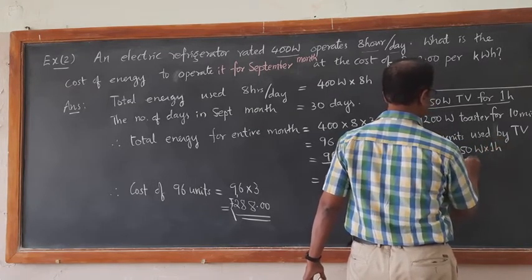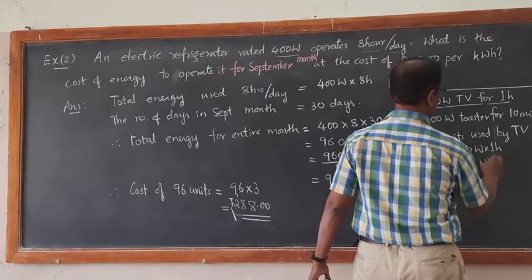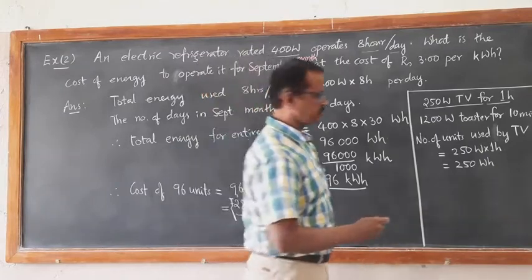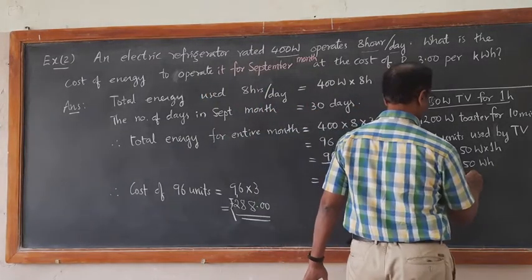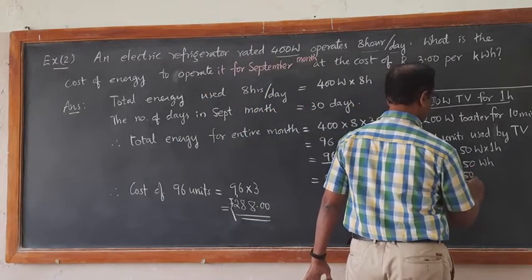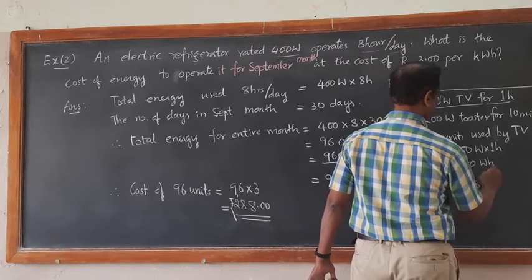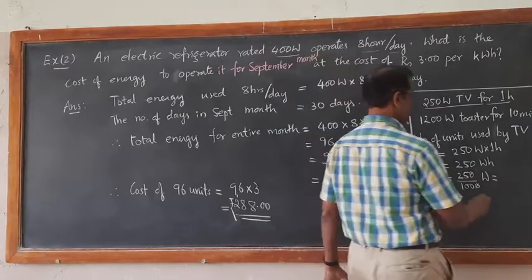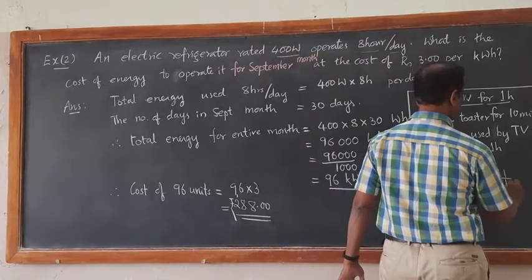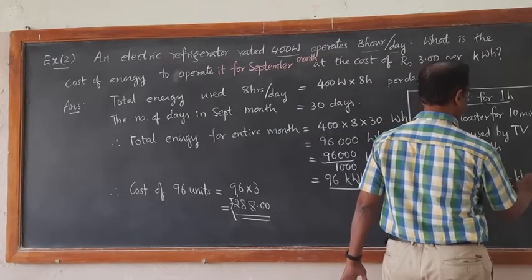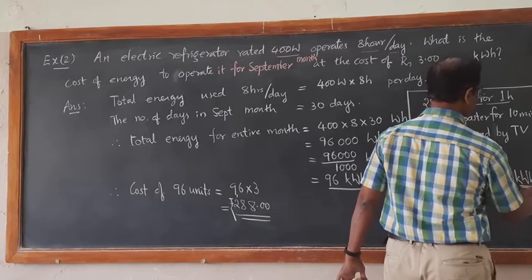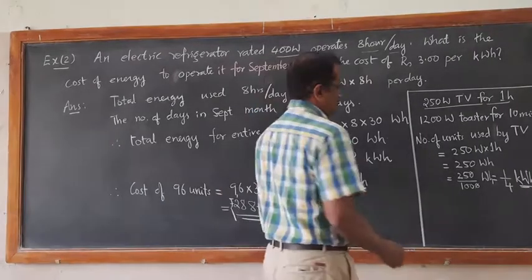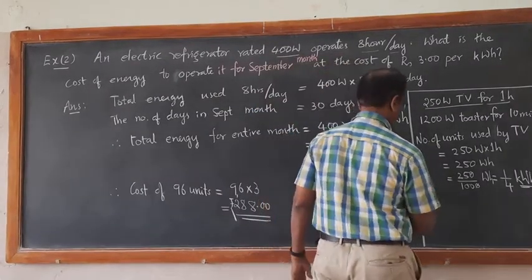So 250 watt hour, in terms of kilowatt, divided by 1000. So 250 divided by 1000 kilowatt hour. If you cancel the 0, you will get 1/4 kilowatt hour, which means 1/4 of a unit.